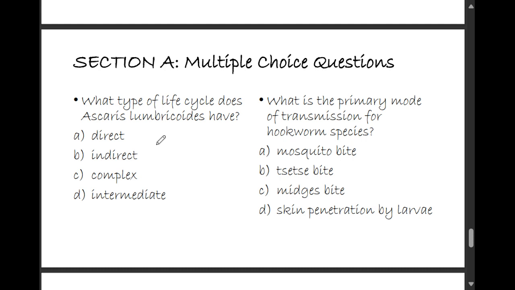A. Direct. B. Indirect. C. Complex. D. Intermediate. What is our answer? You can just type in the comment section. We'll be able to see your answer regarding question one.